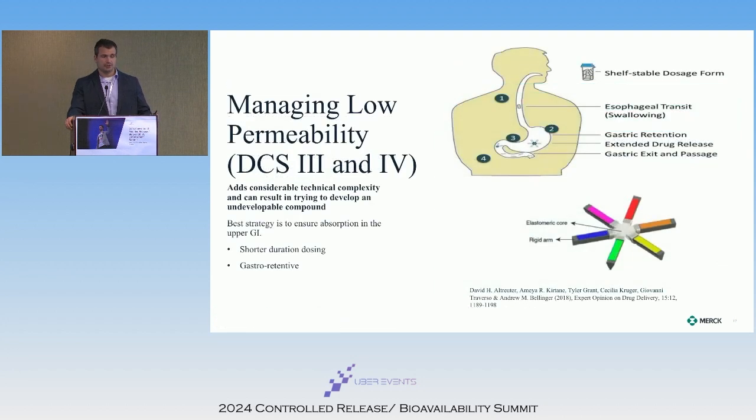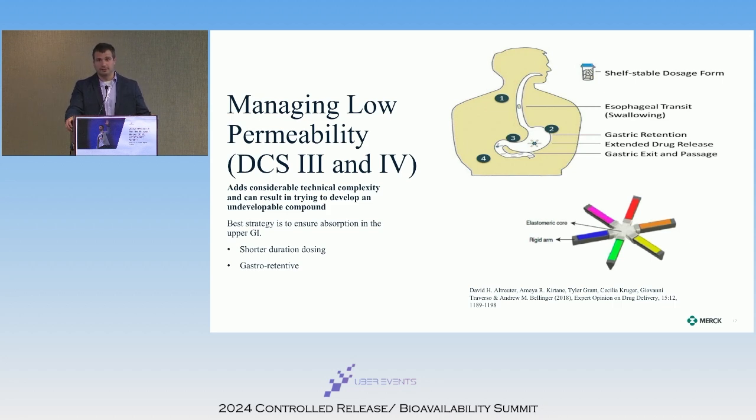If you have low permeability, it gets very tricky very quickly, to the point where, at least at Merck, if you come with a DCS 3 or 4 and ask us to develop it, we're basically going to tell you no. It's just not the right compound. But basically, your best strategy is to ensure absorption in the upper GI.